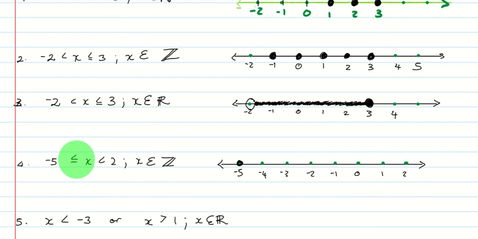So we're going to color that one in, and 4 will also be included. Okay. 3 will also be included because we are working with integers. And then 2 will also be included, and 1 will also be included, and 0 will also be included. But now 1 is still less than 2.